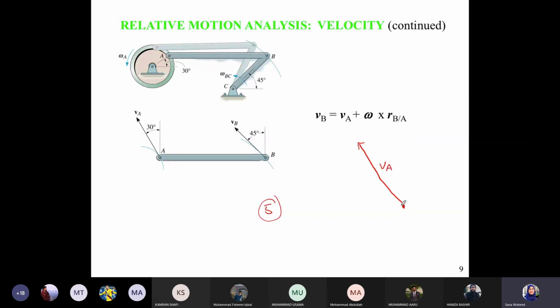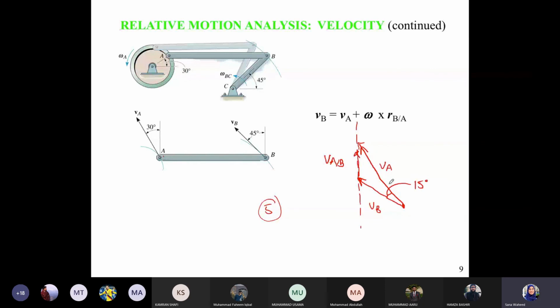VB I know is at 45 degrees, so it's somewhere here. This was the resultant, by the way. And then finally it must be perpendicular to AB. So I already know its direction, that it has to be like this, perpendicular to the horizontal. So this one right here is my VAB. But of course this is 30, this is 45, so I know that this must be 15 degrees.